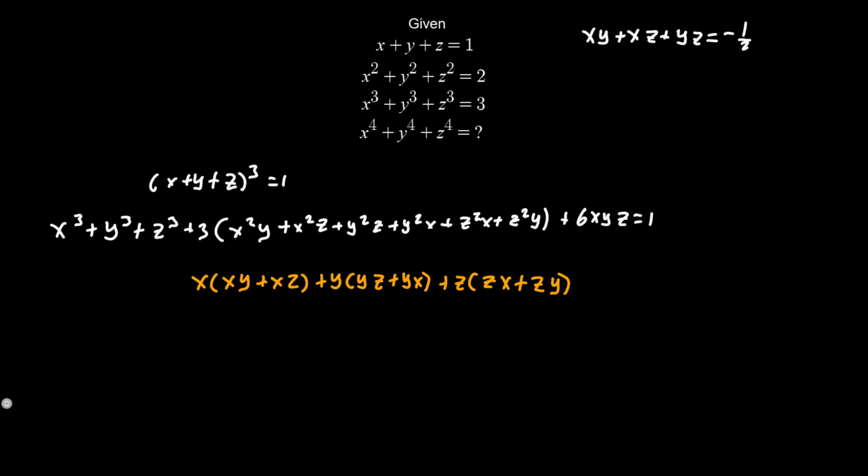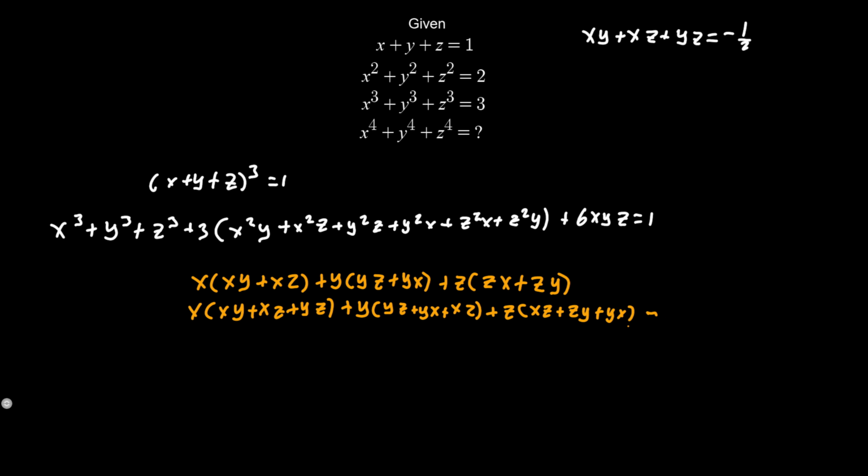And what we're going to do is add whatever is missing to complete this form. So we will have x(xy + xz + yz), plus y(yz + yx + xz), plus z(xz + zy + yx).